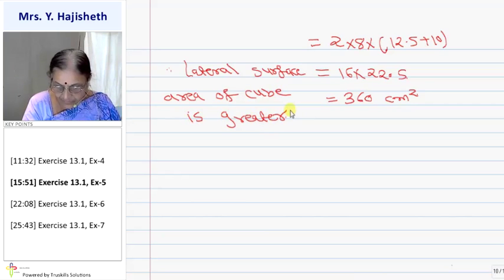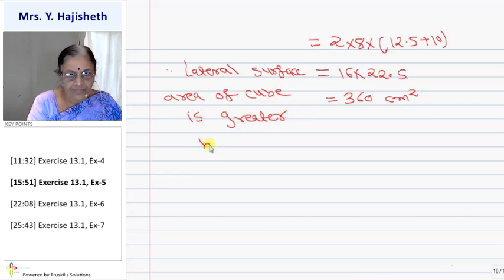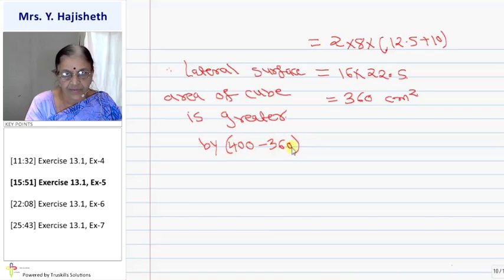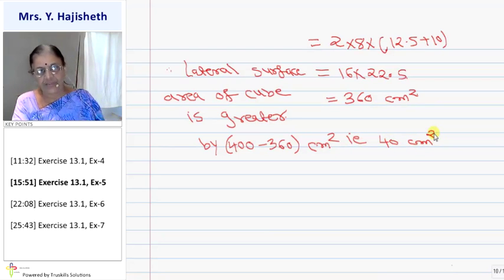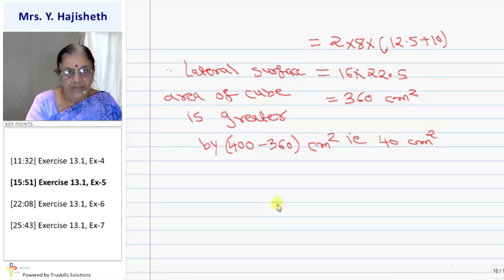Greater by 400 minus 360 centimeter square. That is 40 centimeter square, right? Lateral surface area of cube is greater by 40 centimeter square. Now we should find out total surface area of cube.